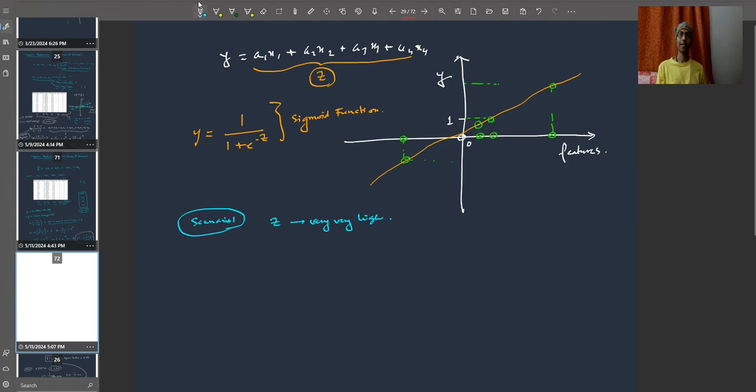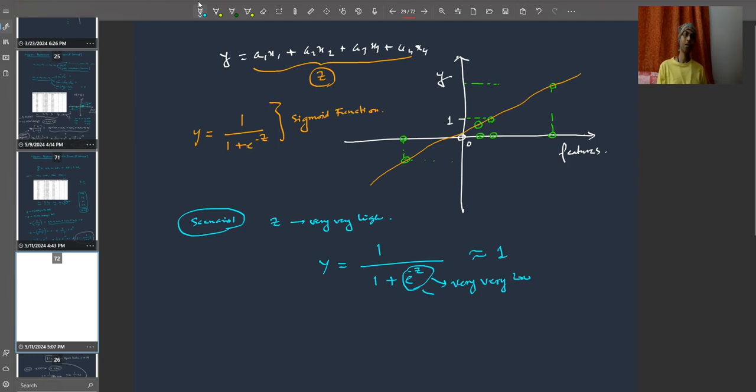What happens is basically in this equation, e to the power minus z, this number becomes very, very low. If this number becomes very, very low or close to 0, what happens is the value of y comes very close to 1.